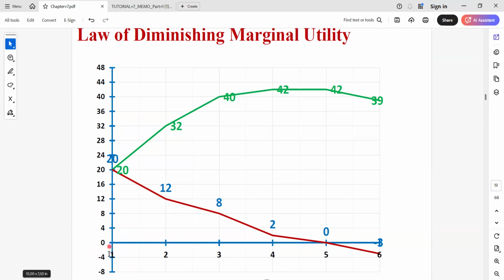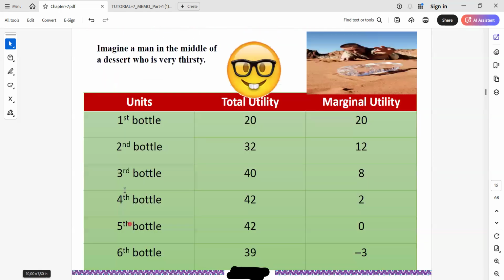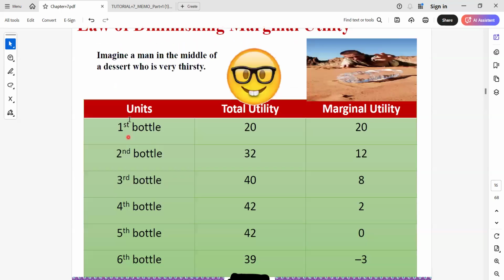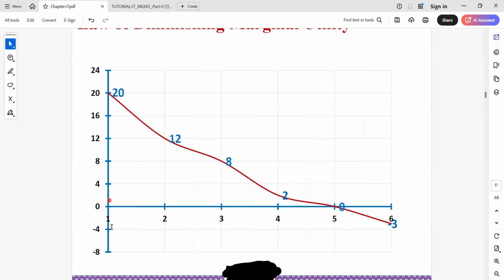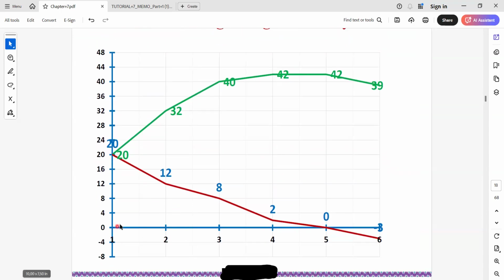This used to be 0 here. But you see now we have 1. This is because here the units start from 1 unit. If we had 0 then 1, we'd have 0, then 1, 2, and so on. But now because we're starting at 1, that's why our 1 is here.